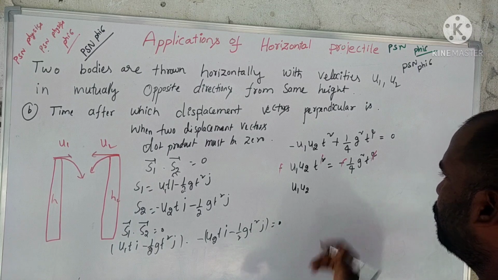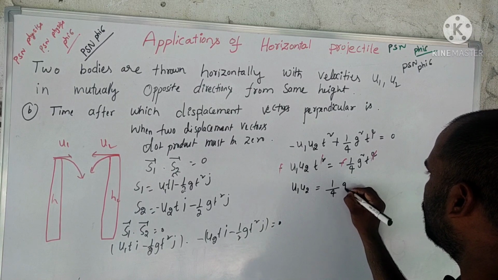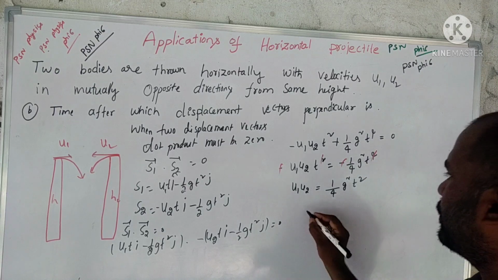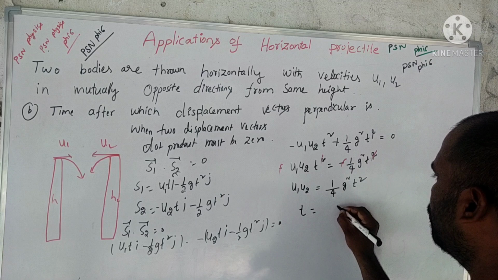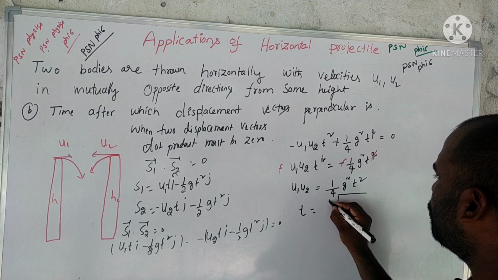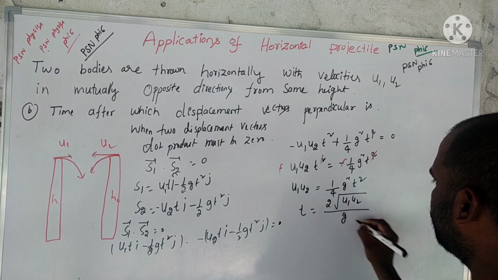Now u1 u2 is equal to 1 by 4 g square t square. Therefore we require t is equal to 2 root u1 u2 by g.